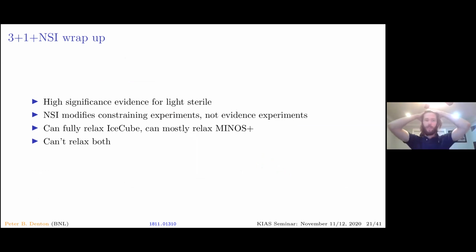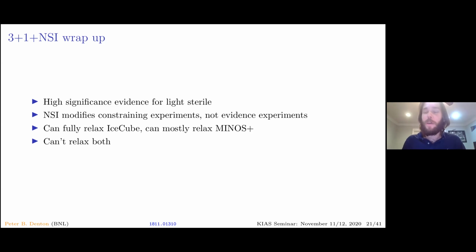So here's the summary for this portion of the talk. There's a lot of evidence for a light sterile neutrino in the data. We like to think that it shouldn't be there, and it feels like it shouldn't be there, but the evidence is there. Something is going on. Now NSI is a natural choice to keep the sterile neutrino there and get rid of the constraints from the other experiments. It can actually do that for IceCube, and it can do a pretty good job for MiniBooNE plus.